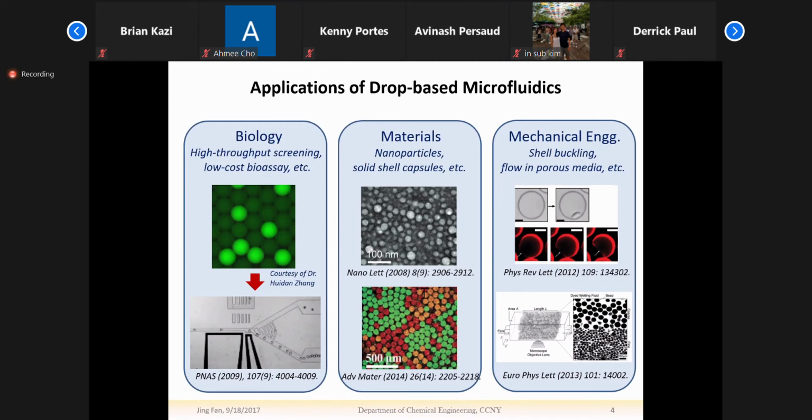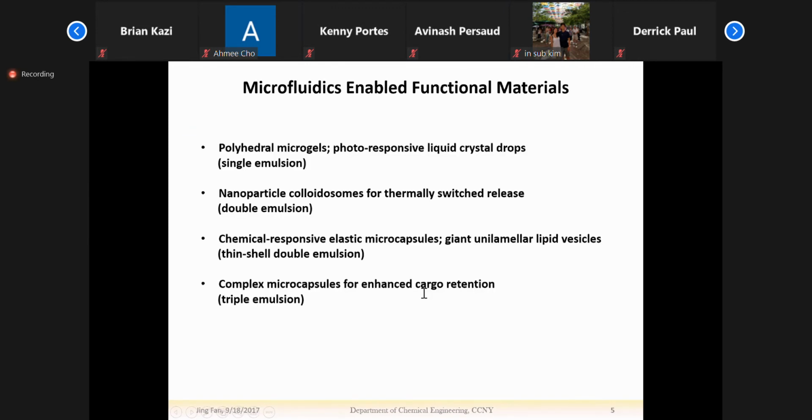Both layers are liquid-based, but we can somehow remove the oil from the middle phase, so we can get a solid shell capsule. And also, people have been using microfluidics to make microcapsules with a solid shell to study the buckling effect. Another example is a microfluidic model porous media, which we have discussed in previous lectures.